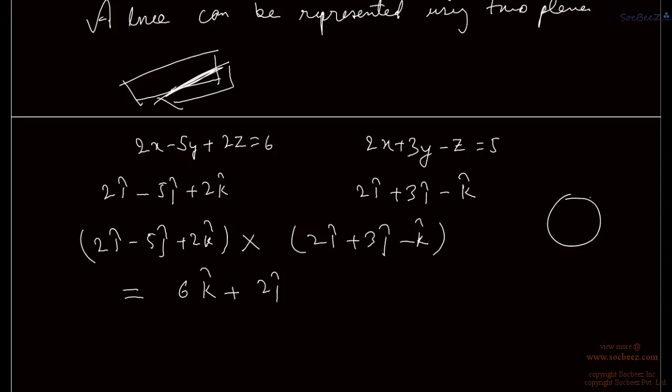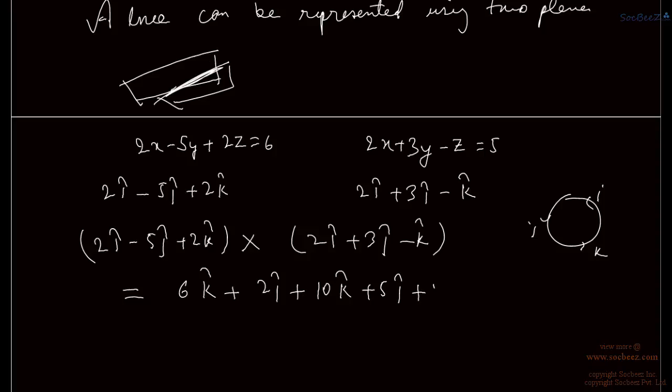Okay. Now minus 5j cross 2i, let us denote i, j, k. So ji is minus k, so plus 10k. Then minus 5j cross minus k, jk is i, so 5 times 1, so 5i.